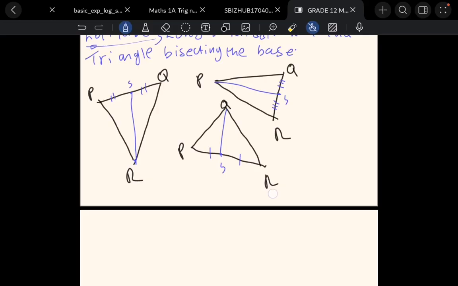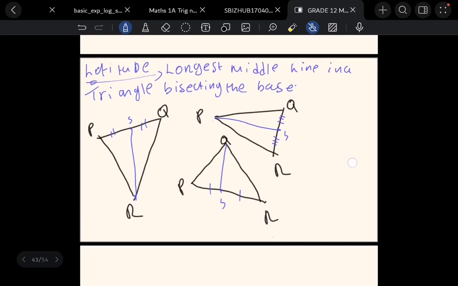It's the height of this triangle coming from R. And the height from R to Q is not the same as the height from Q to this distance. It's not the same from there to there. But it is the height at the end of the day.